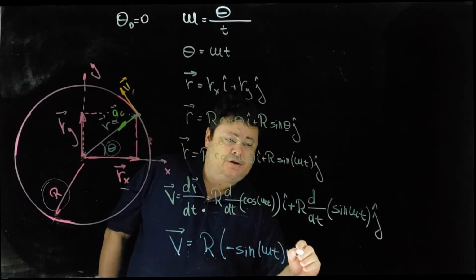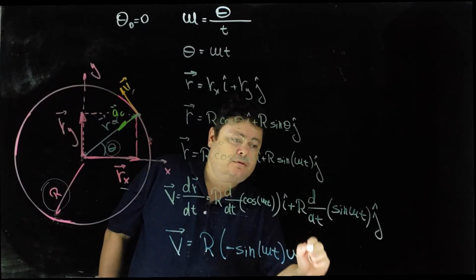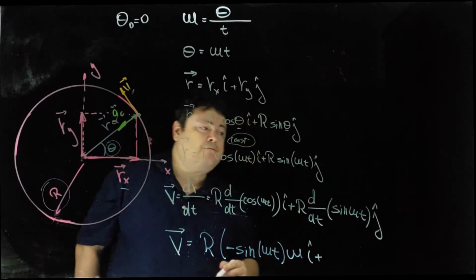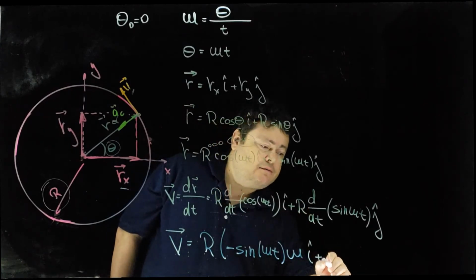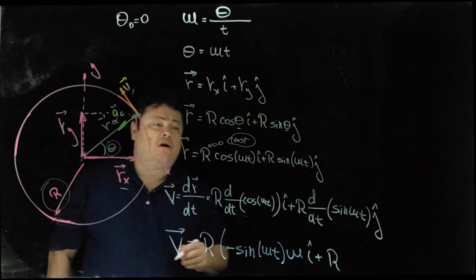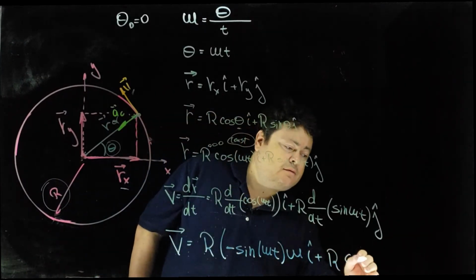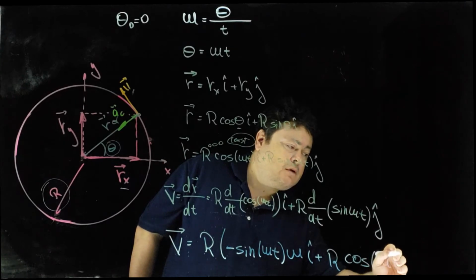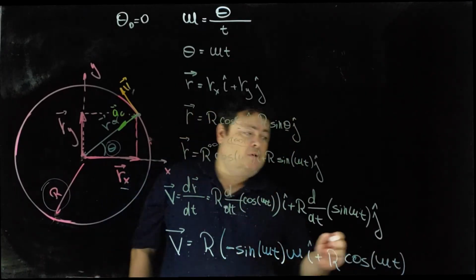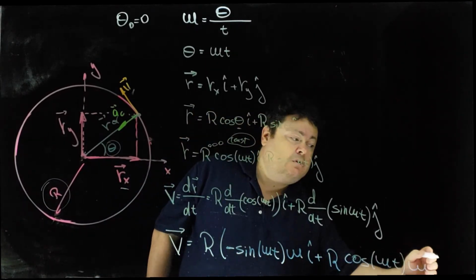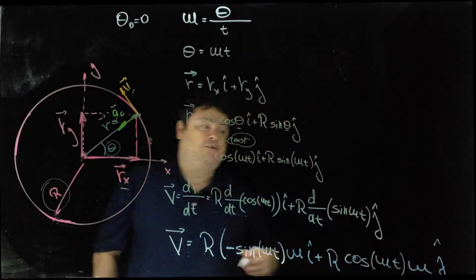Okay? This here in the i hat direction plus r. The time derivative of sine of omega t is just going to be cosine of omega t multiplied by omega from the chain rule in the j hat direction.